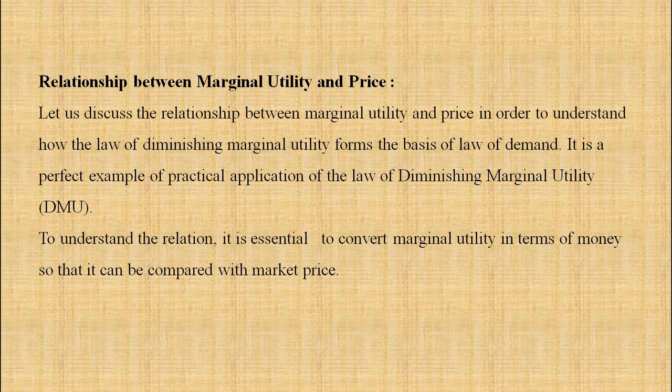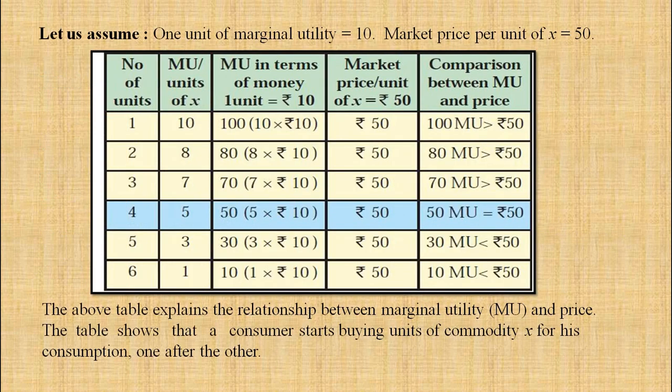To understand the relation, it is essential to convert marginal utility in terms of money so that it can be compared with the market price. That means we are converting marginal utility into money. For example, in the example we have taken 10 units of utility. 1 unit of marginal utility is equal to 10.